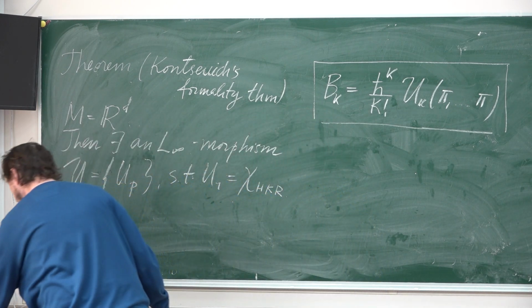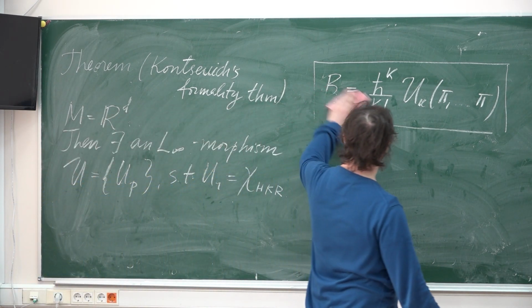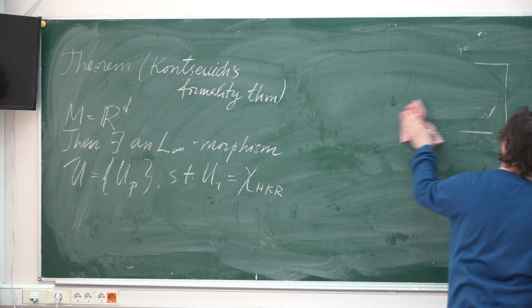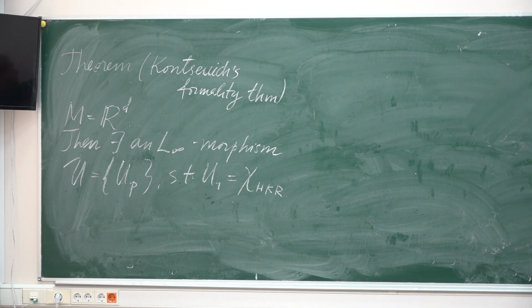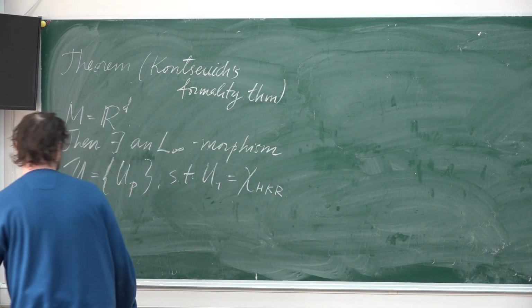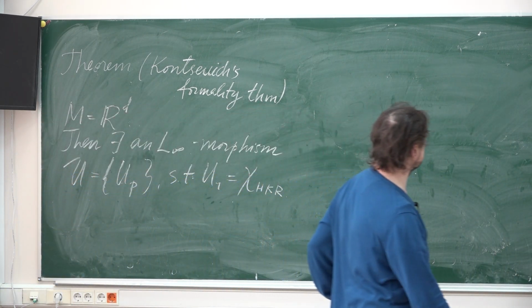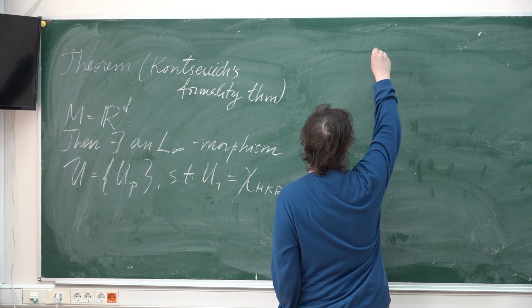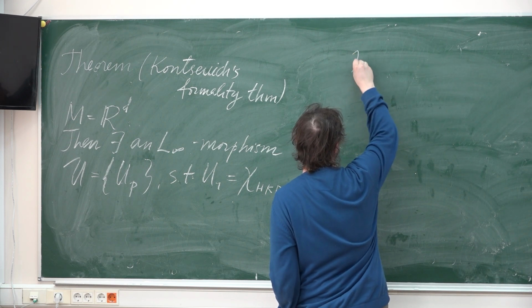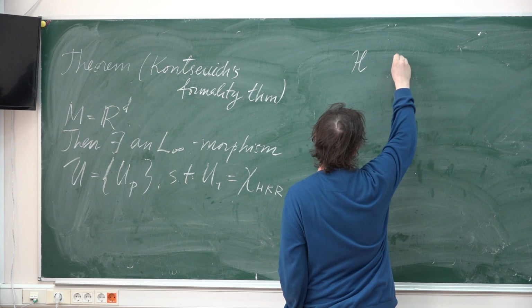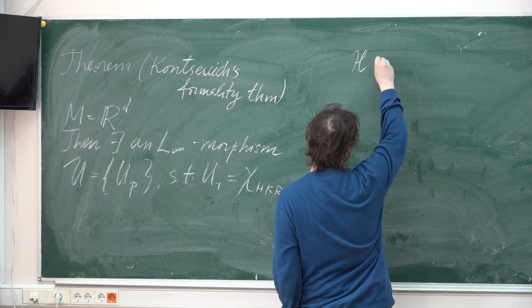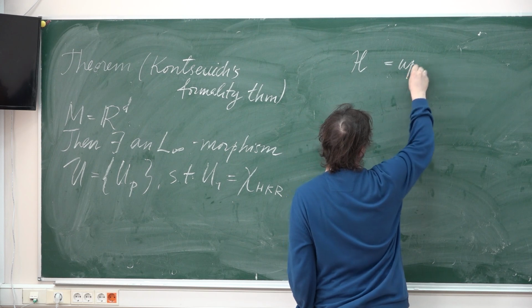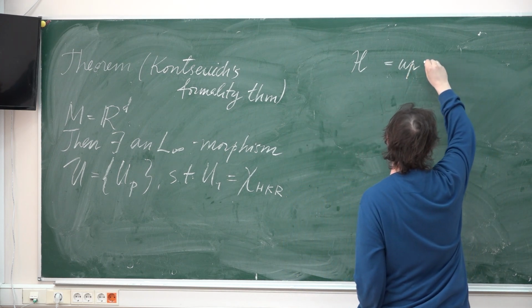So let me describe briefly the construction Kontsevich used to get this quasi-isomorphism. To this end, I consider the following construction. We begin with considering the upper half plane in the complex plane.